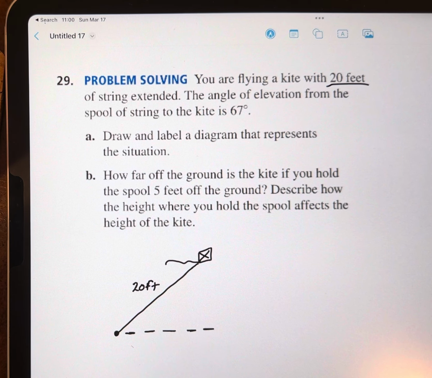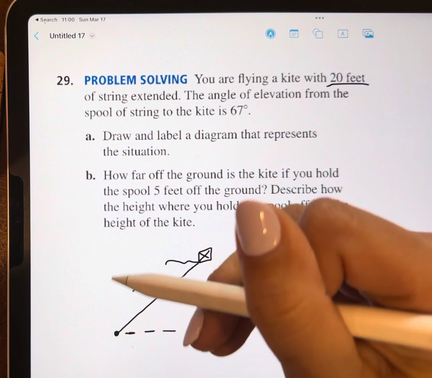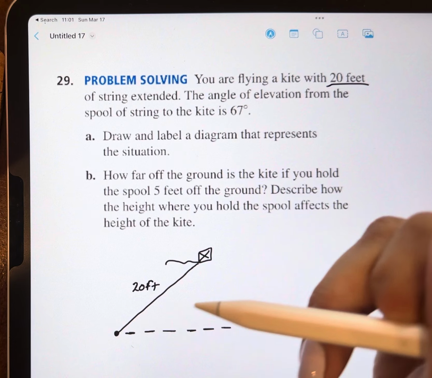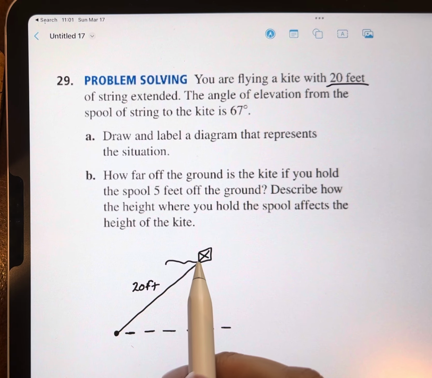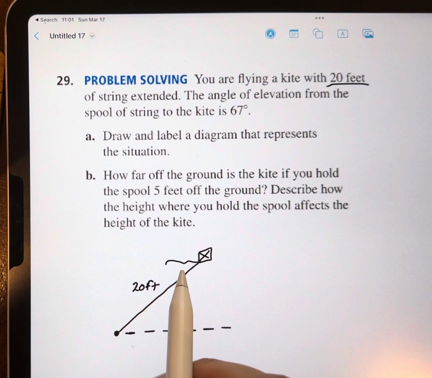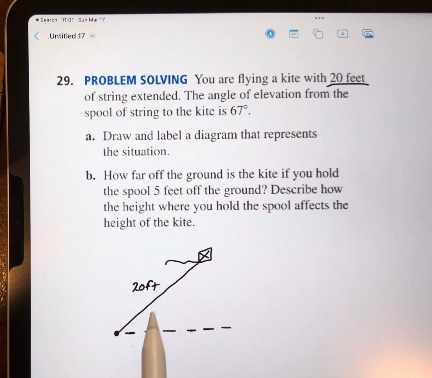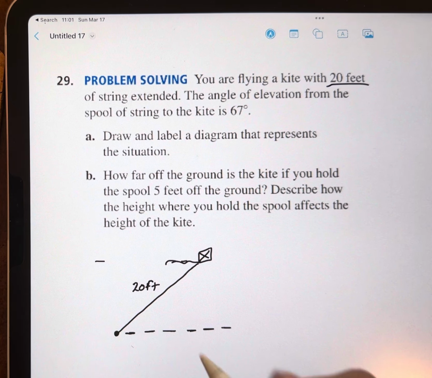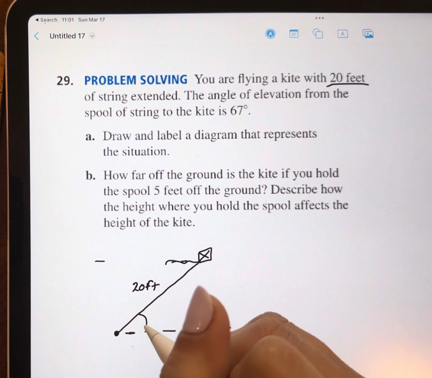Angle of elevation and angle of depression always go from a horizontal, so you never put a vertical line and look at the angle. Never. It's always a horizontal line. If they gave me angle of depression, I'd make a horizontal line up here and look at that angle. Either way, they're the same because these are alternate interior angles and these are parallel lines. Anywho, this is 67.